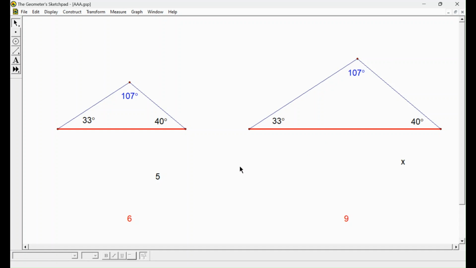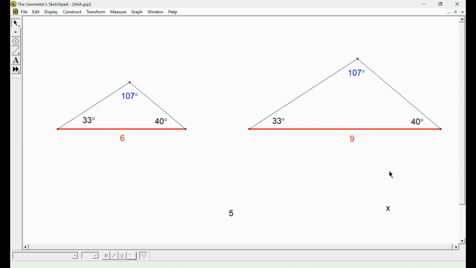And the idea with angle, angle, angle situations like this is you end up with similar triangles. Here you can see that one triangle is bigger than the other, but they're certainly not congruent just because the angles are congruent. Now let's say you had this side length of 6 and this side length was 9 for the bigger triangle.